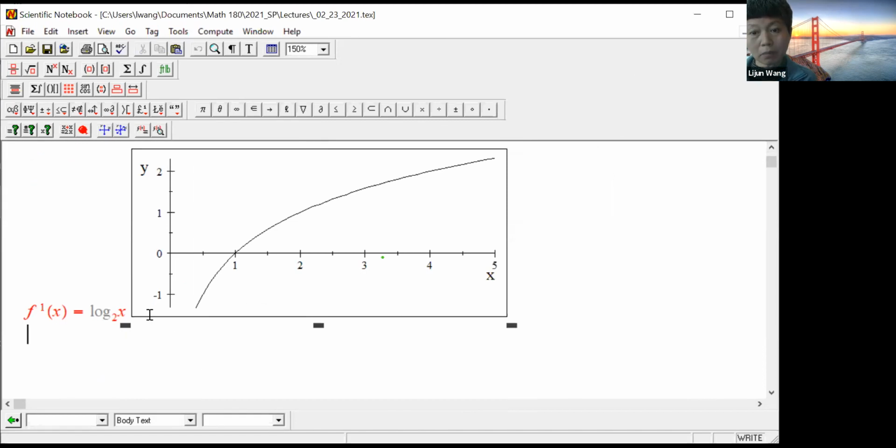And this time, when you make the statement, you have to be aware of the domain because this function is increasing in the entire domain, which is, what is it? From 0 to infinity.